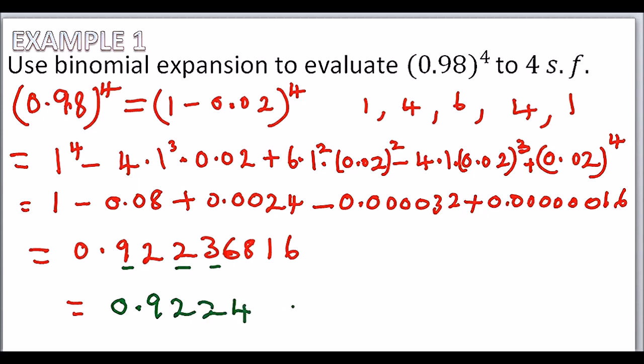Those are 4 significant figures. So that is the expansion of 0.98 to power 4. When you expand, you get 0.9224. So that is how we apply the binomial expansion to solve numerical cases.